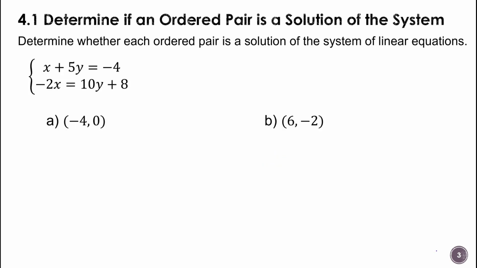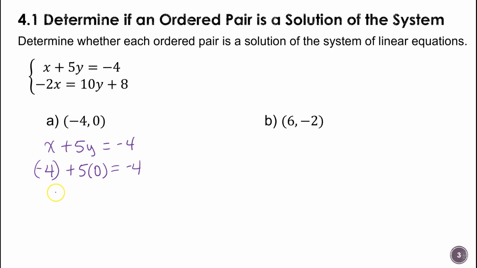All right, next. We're going to go through the same process. Notice these two equations are written a little bit differently. They're just not in the order that the other ones were. So let's take the first equation, x plus 5y equals negative 4, and we're going to substitute. Negative 4 goes in for x, 0 goes in for y. I'm going to change the position of that y.